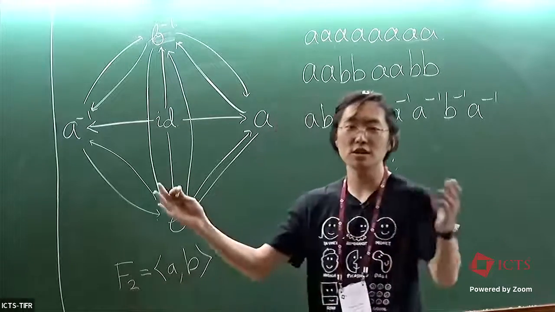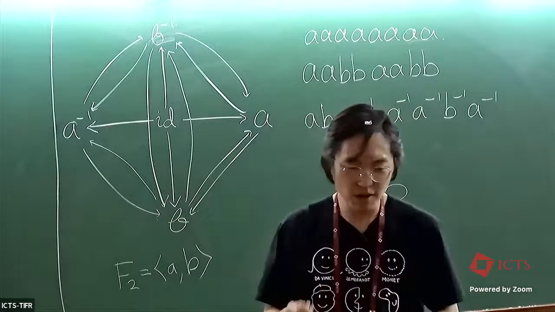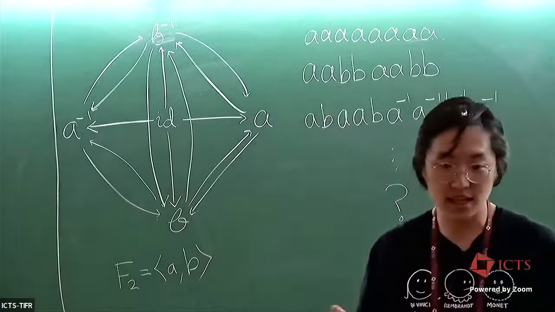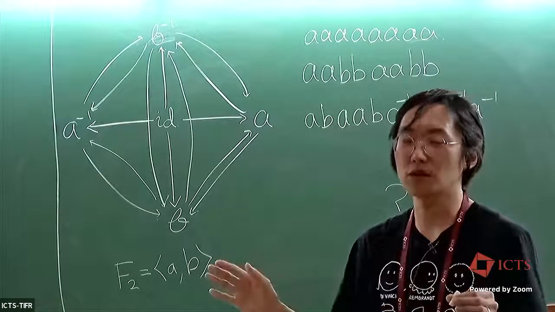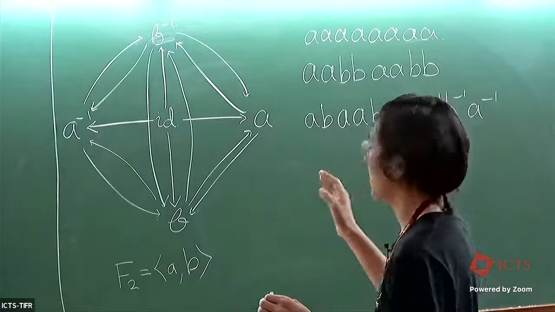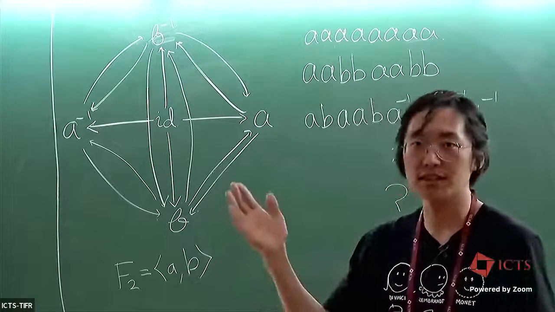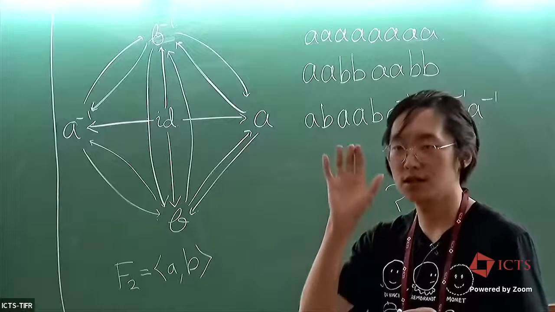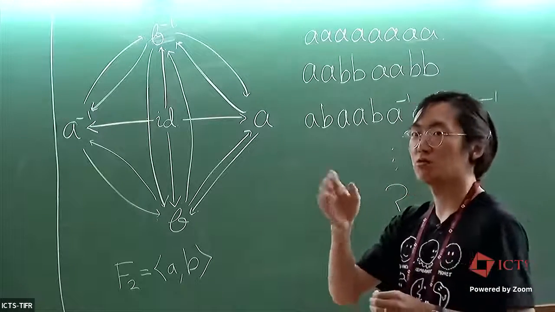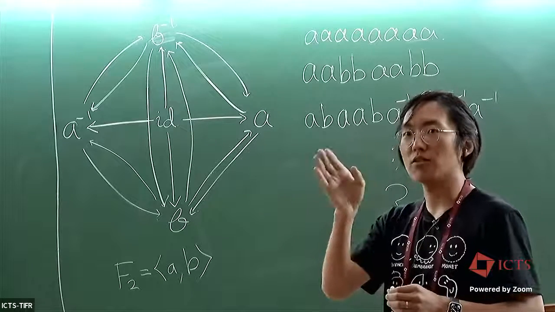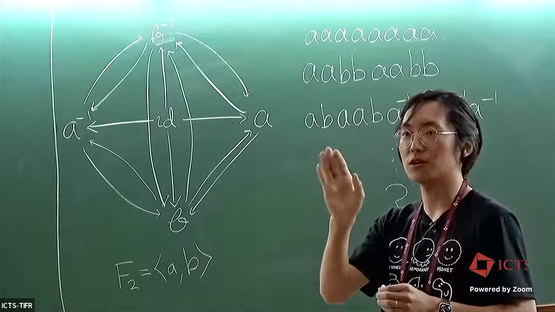F2 is really a collection of a bunch of words, but these words should satisfy some rules. You can take arbitrary words made by A, B, A inverse and B inverse, and take the equivalence class. That's fine. But if you want one representative for each element, then you want to generate words without further cancellation possible.